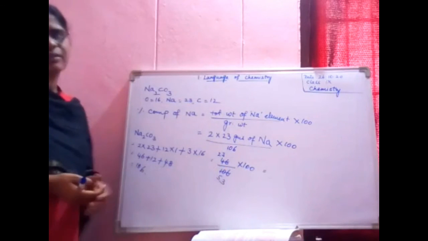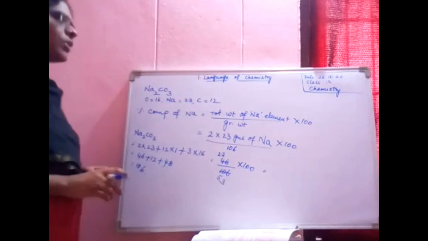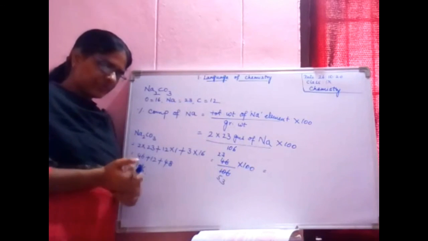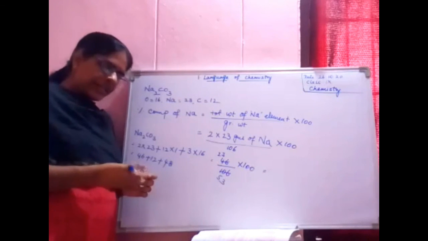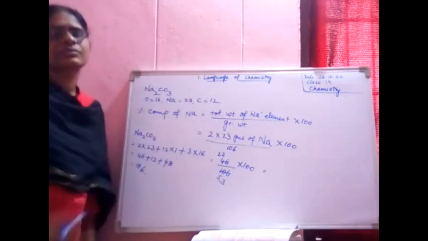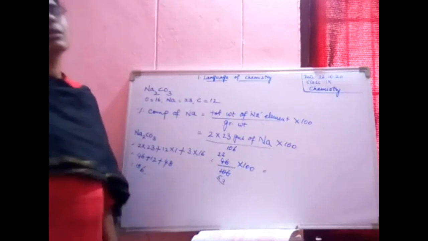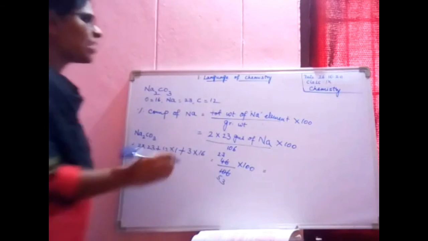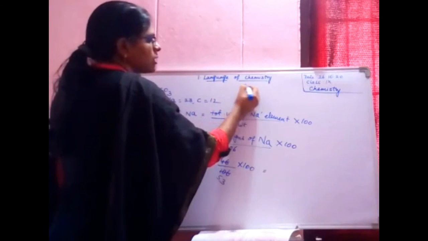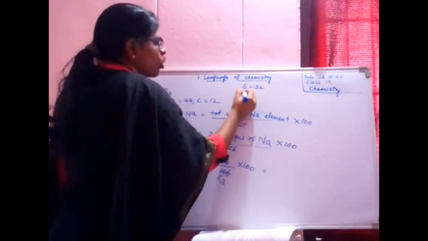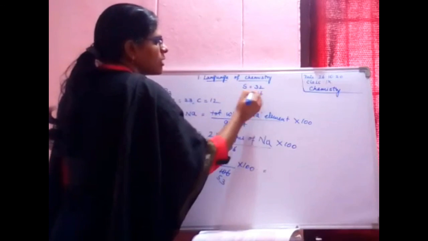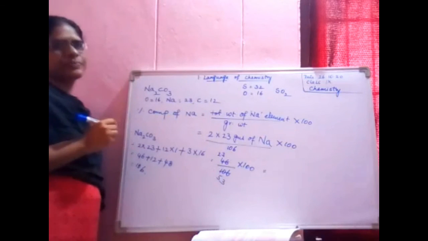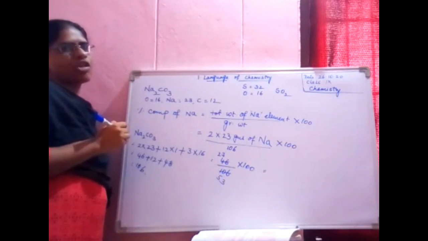Don't leave it like that. Okay, write down one problem for homework. Calculate the percentage composition of sulfur and oxygen in SO2, a compound called SO2.